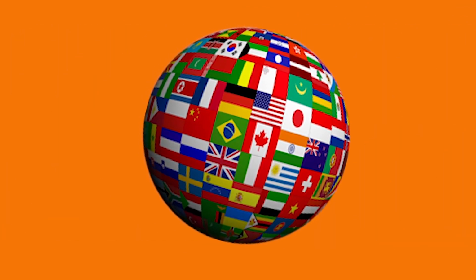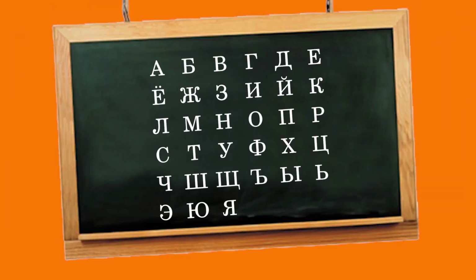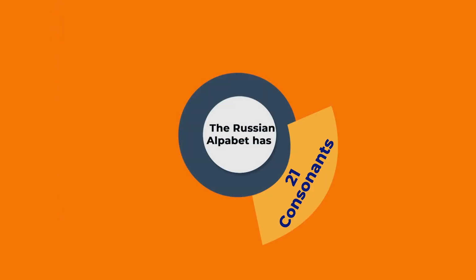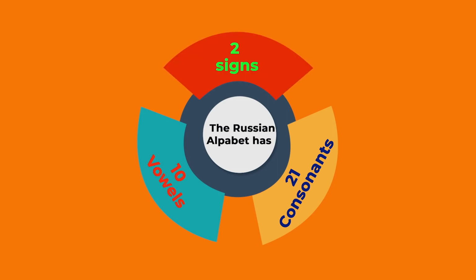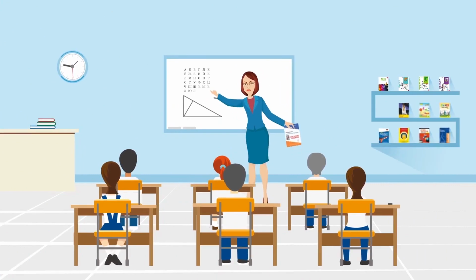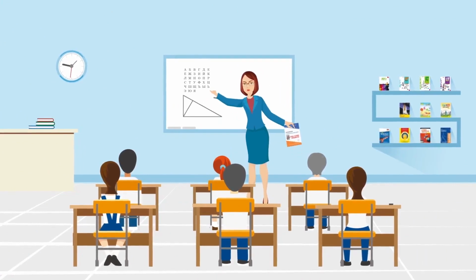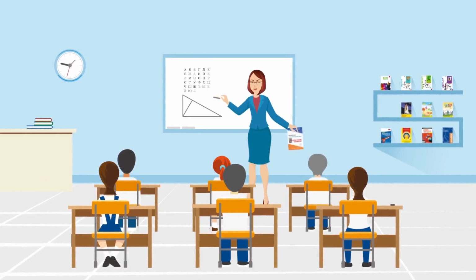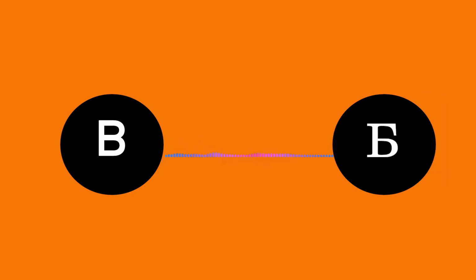As you know, in the Russian language there are 33 letters, out of which 21 are consonants, 10 are vowels and 2 are signs. If you remember, in the previous module we discussed all these letters with certain examples from English for the approximation of the sound and with the help of one example from the Russian language.